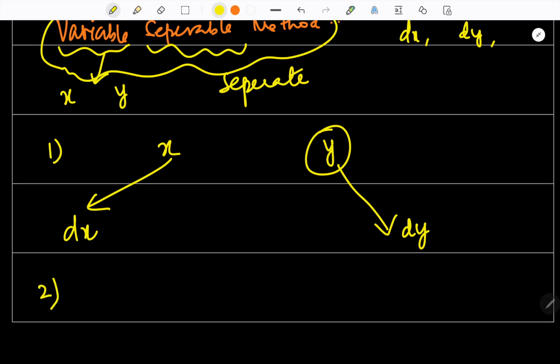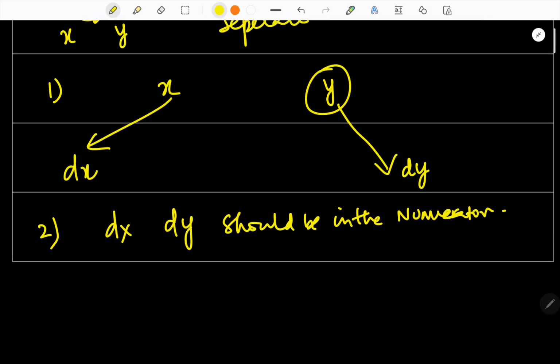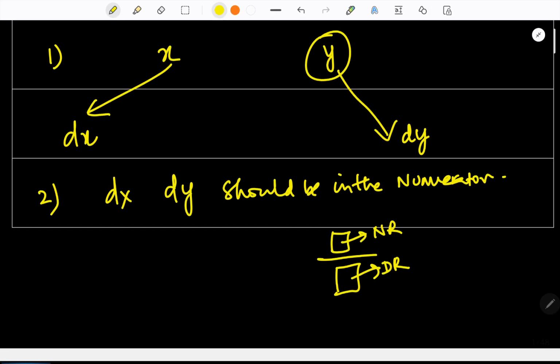Second step is, while you are separating the variables, x with dx and y with dy, keep in mind dx and dy should be in the numerator.